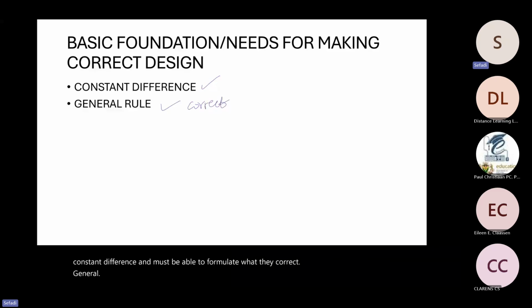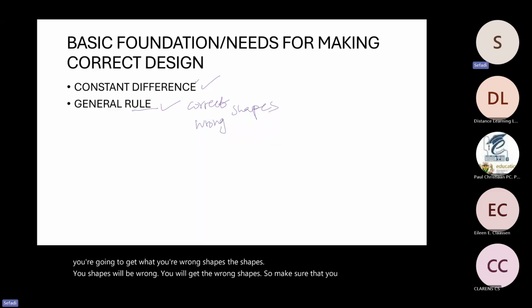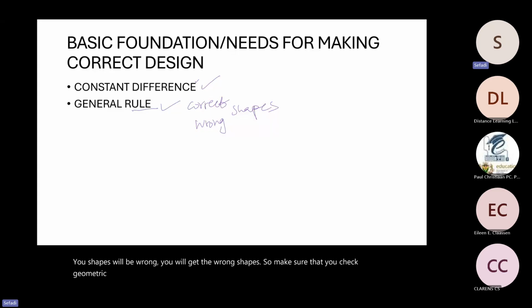So if you can identify the constant difference, but your general rule is wrong, that means you are going to get the wrong shapes. So make sure that you check the geometric pattern or the numeric pattern thoroughly so that you get the correct constant difference, and make sure that you follow proper procedure to get the general rule.